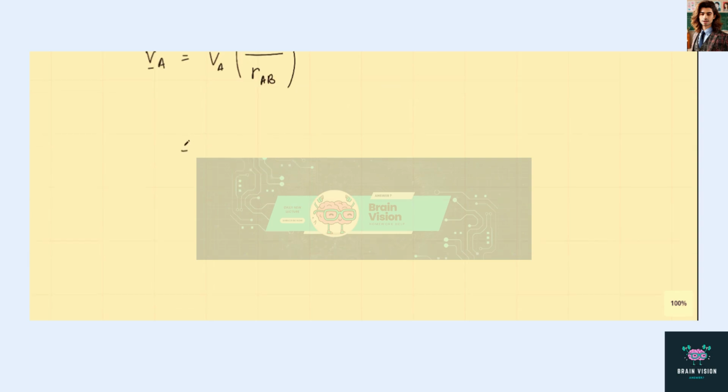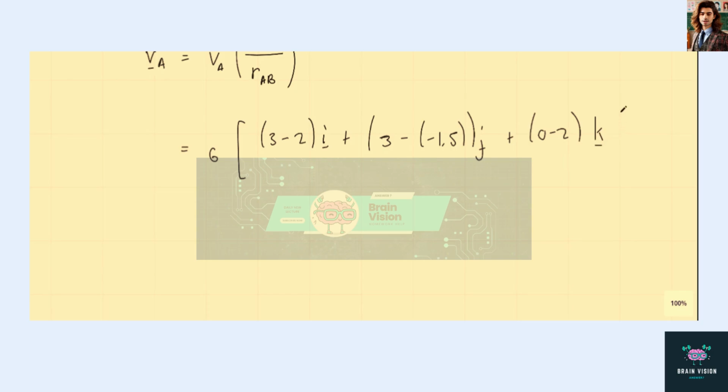And so this is the speed of the particle, 6 meters per second, multiplied by the vector r_AB, which is 3 minus 2 i plus 3 minus 1.5 j plus 0 minus 2 k.